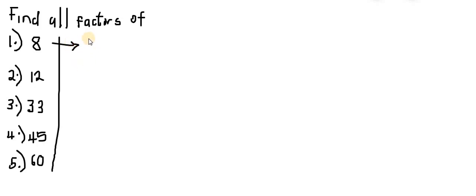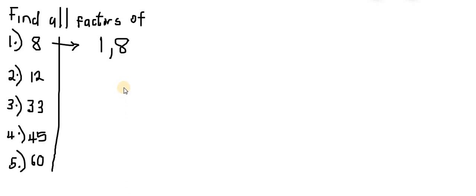First things first, there are 2 factors of 8 that we already know about, and those are the factors that are for every number, which is 1 and itself. So 1 and 8 are factors of 8.